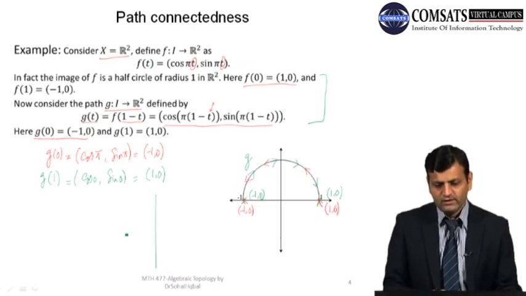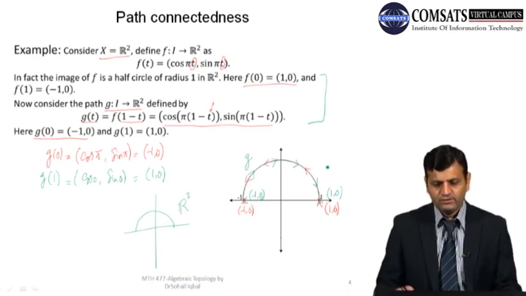Okay, so if I consider this semicircle, this path is not just this semicircle of R2, not just this subset of R2, it is more than that. It has some other structure, it has final point, beginning point, and some orientation and some direction in which we are moving from one point to the other point.